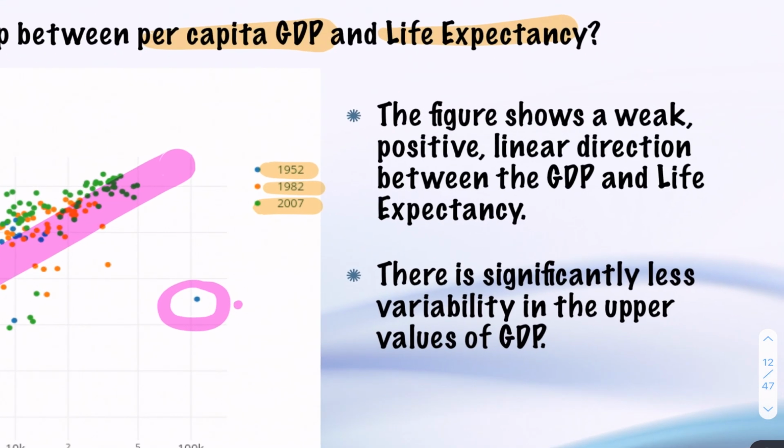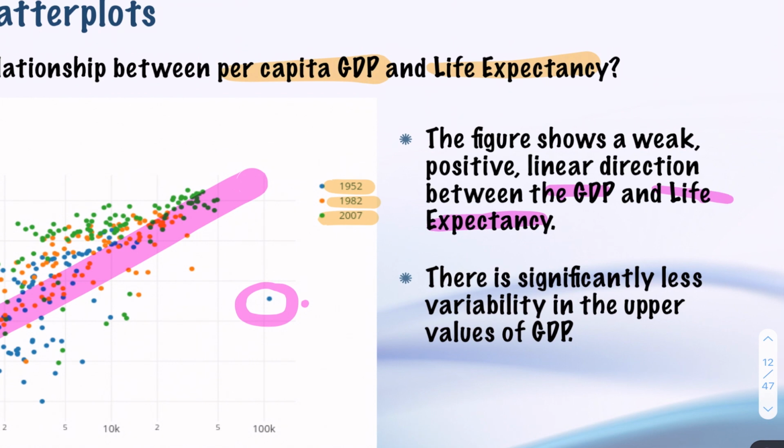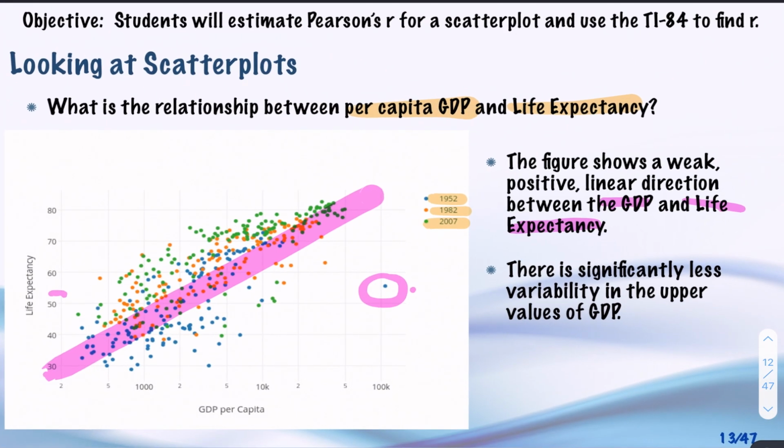The figure shows a weak, positive, linear direction between the GDP, variable 1, and the life expectancy, variable 2. There is significantly less variability in the upper values of GDP. So what does that mean? If we are doing this analysis, as we go further to the right, more of our data starts to be concentrated together.